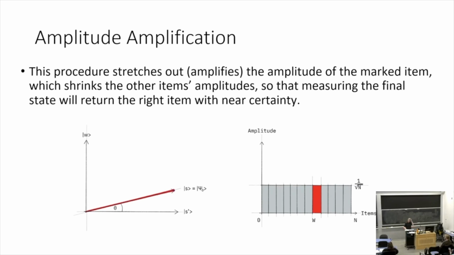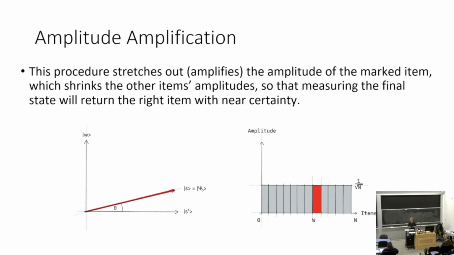All right, so what does amplitude amplification do? This is how the quantum computer significantly enhances the probability. The procedure stretches out or amplifies the amplitude of the marked item, and it shrinks the amplitudes of the other items so that measuring the final state will return the marked item with near certainty. The algorithm has a really nice geometrical interpretation in terms of 2 reflections, which generate a rotation in a 2-dimensional plane.